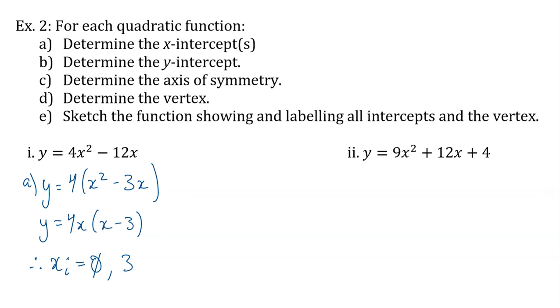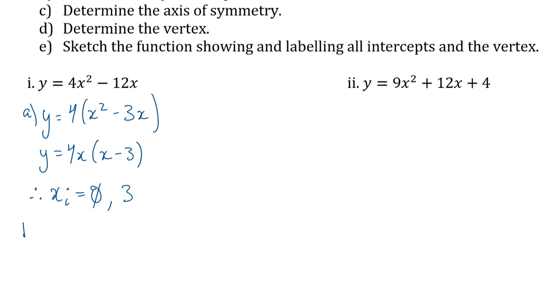So that's something we need to know how to do. And that means that my y-intercept, so y-intercept happens when x is 0, and if I put zeros in for x, I get a y-intercept of 0. If I have an x-intercept of 0, I have a y-intercept of 0. You have to.